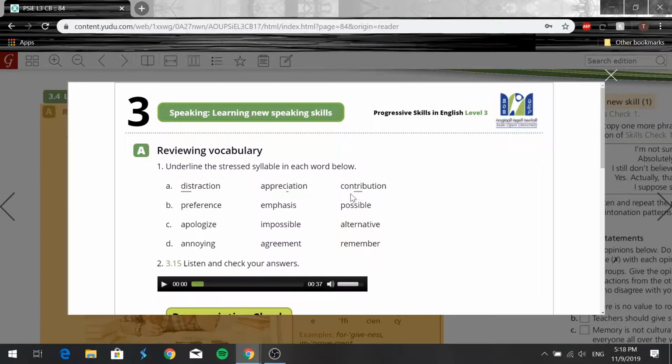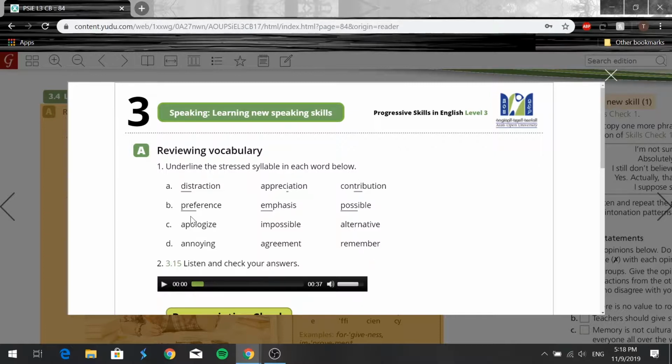So contribution. B: preference, emphasis, and possible. Preference will be around here, the beginning. So preference, emphasis, and possible, again, the beginning. Do you see the pattern? C: apologize, impossible, and alternative.